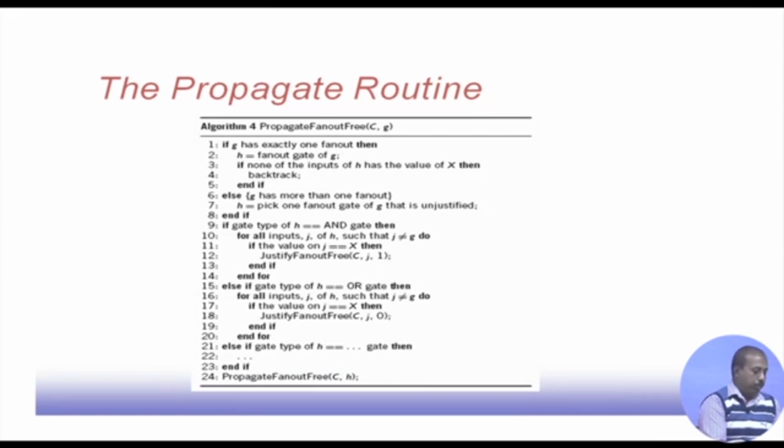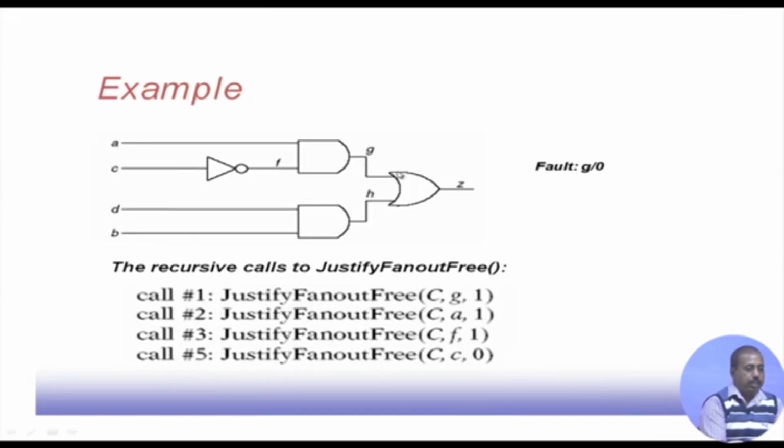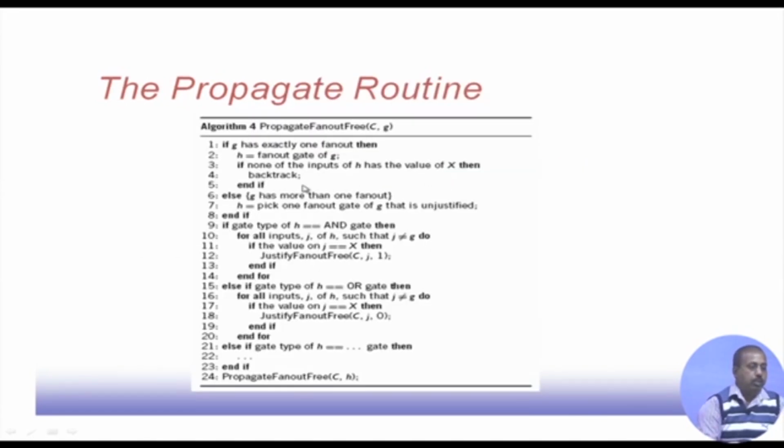Next is the propagate routine. In this example we have seen how this G line can be set to 1. Now we need to propagate this G through this OR gate to the primary output. That part will be done by the propagation routine. If G has exactly one fan out, suppose H is the fan out of G. If none of the inputs of H has the value X, then backtrack.